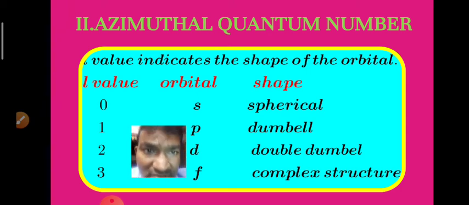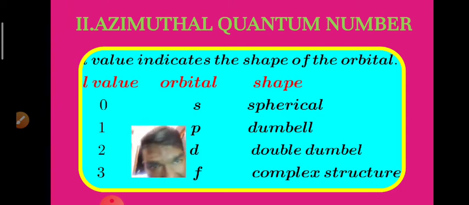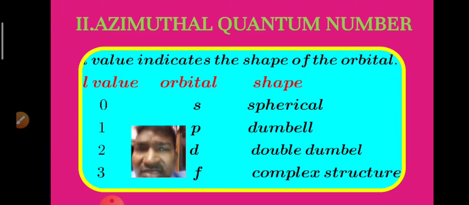In the s orbital there is no slit. We have only a single sphere, whereas in a p orbital we have two spheres. So that structure is called a dumbbell shape. As the l value increases, the number of slits increases. In the d orbital, the dumbbell is slit in two directions.